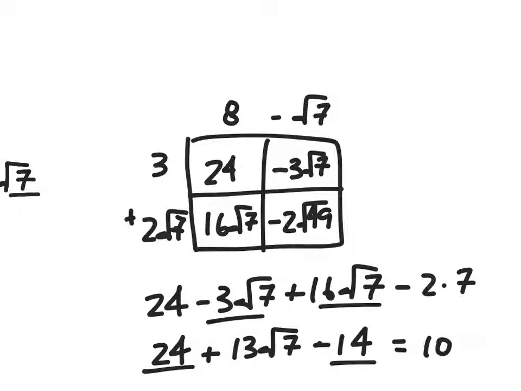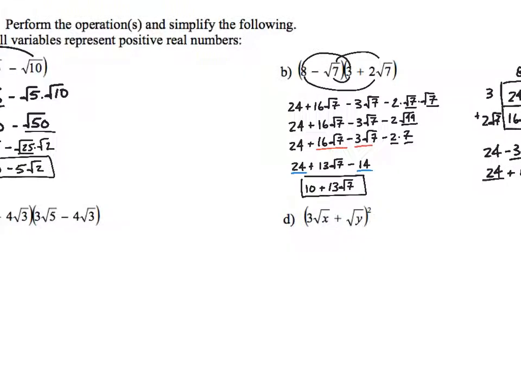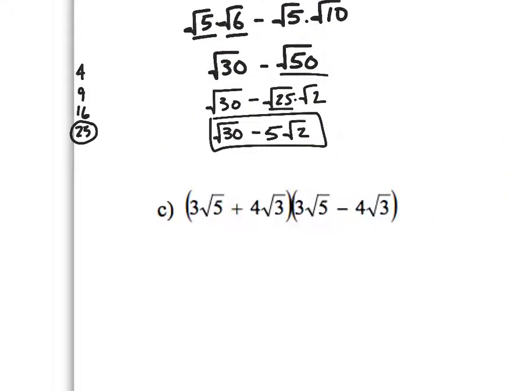So I've got 10 plus 13 root 7, which is the same thing we got. So whichever one you want to do. When I multiply binomials that contain radicals, I tend to use the FOIL method a little bit more than the box method. Either one works, it doesn't matter.